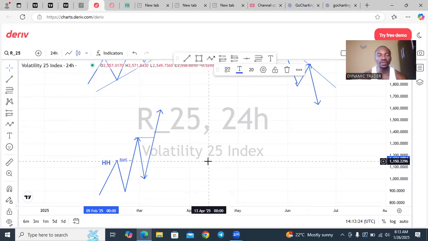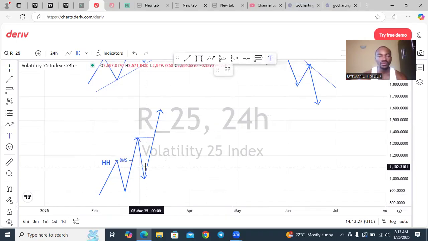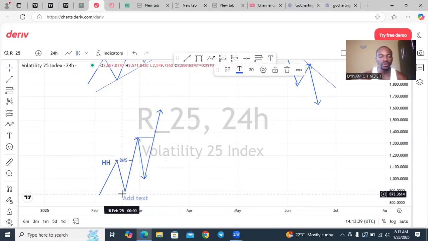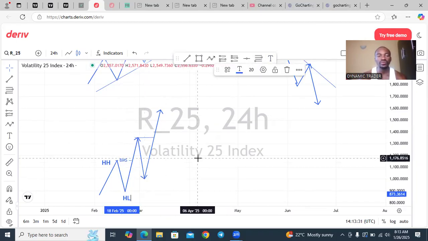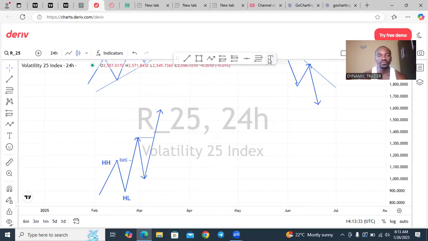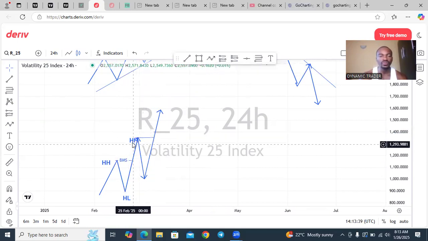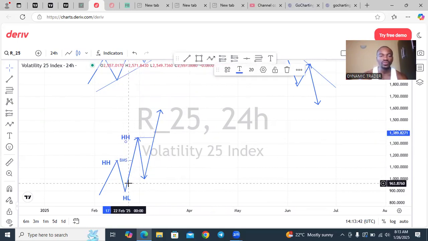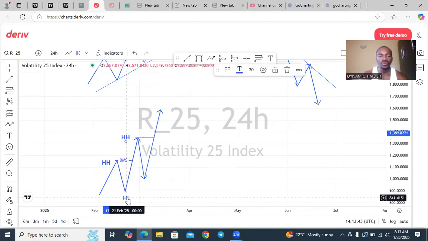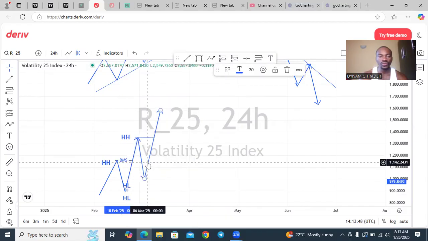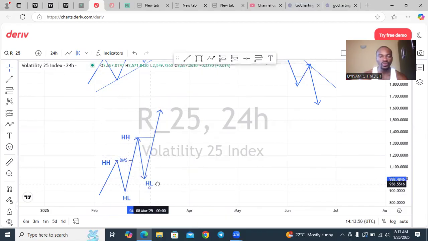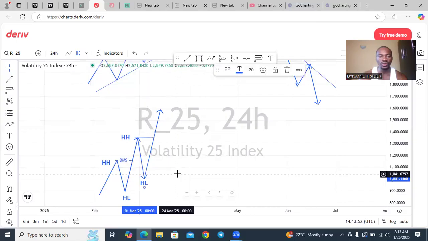Then higher low, higher high, then higher low, okay?